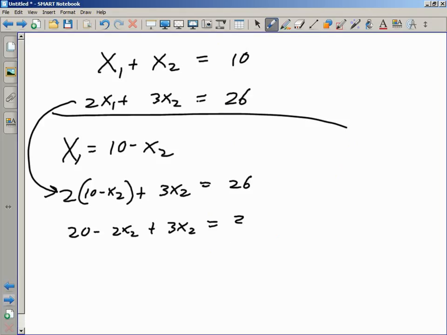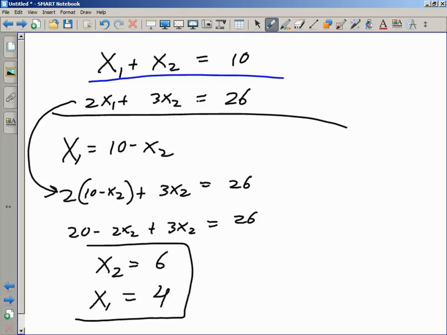I end up getting x2 is equal to 6. And then x1 will be equal to what? By looking at this guy right here, it'd be equal to 4, right. So does everyone see how I solve this problem using substitution? No sweat, right?